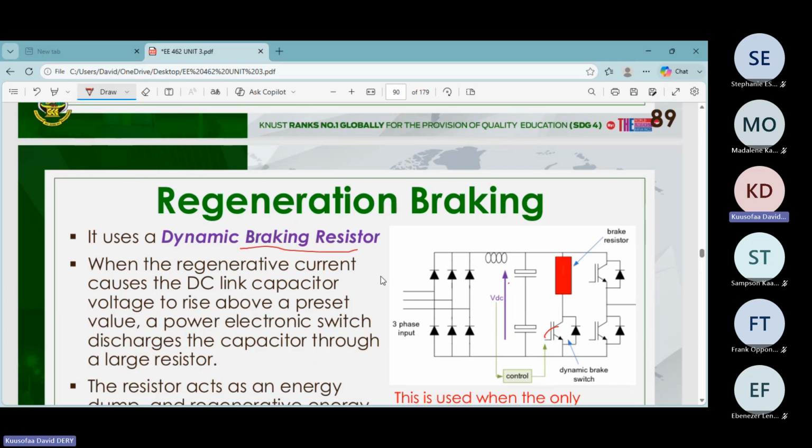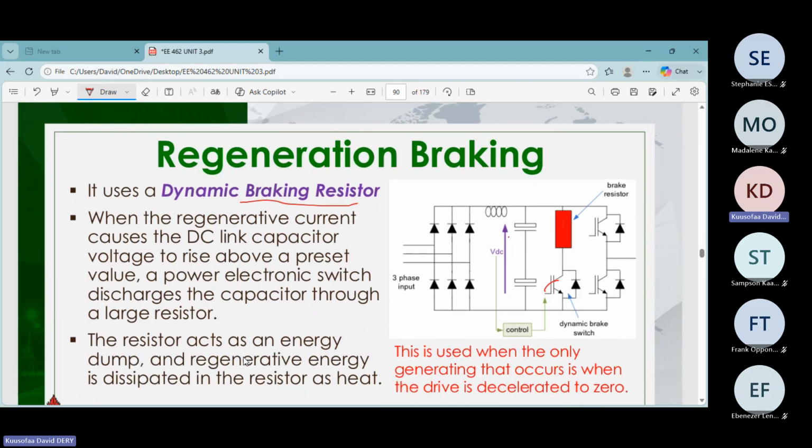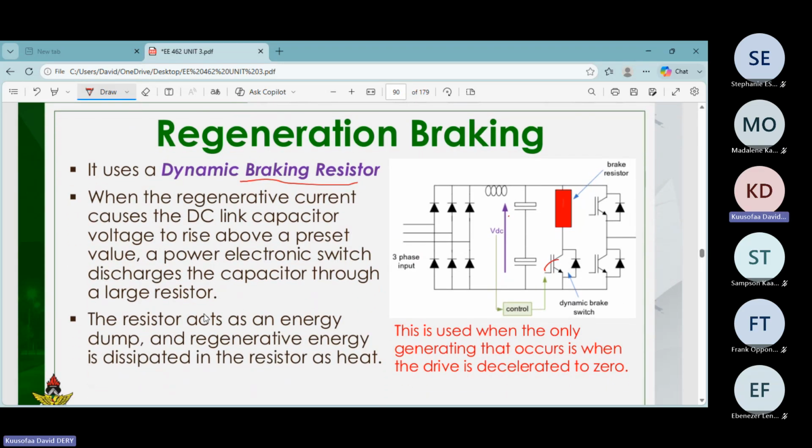The resistor will just be dissipating the energy. So when the regenerative current causes the DC capacitor's voltage to rise above a preset value, a power electronics switch discharges the capacitor through a large resistor, and the resistor acts as an energy dump, and regenerative energy is dissipated as heat.